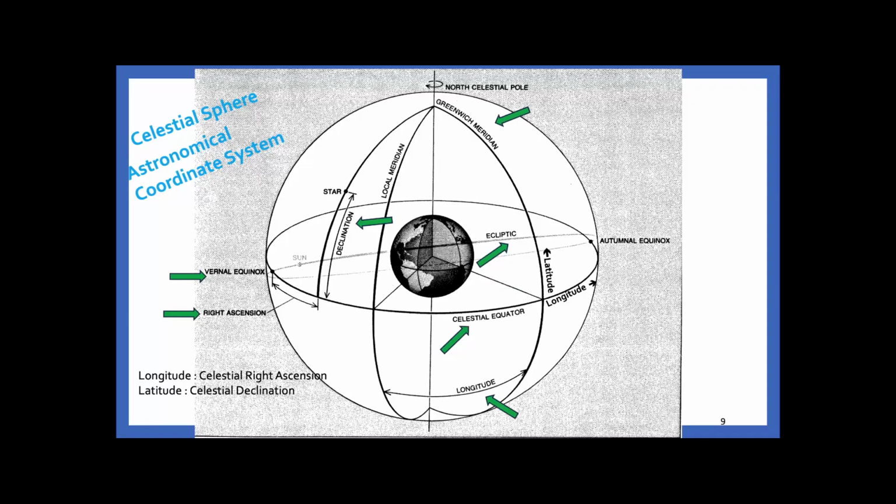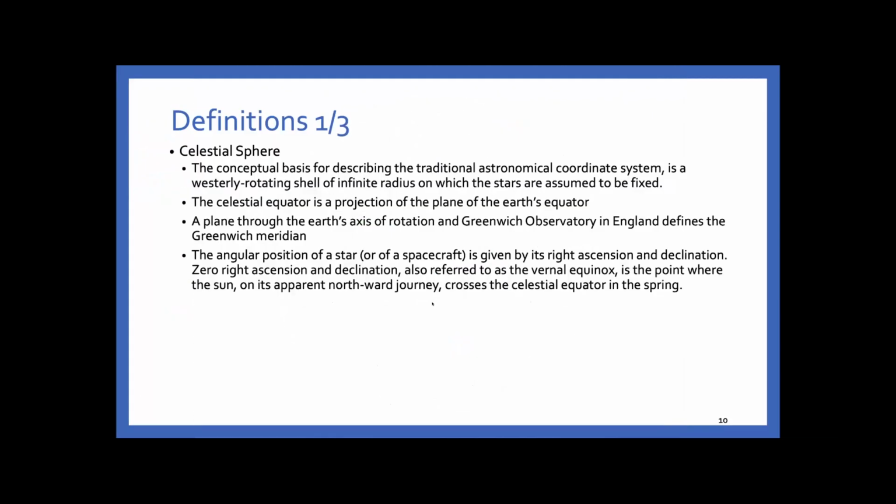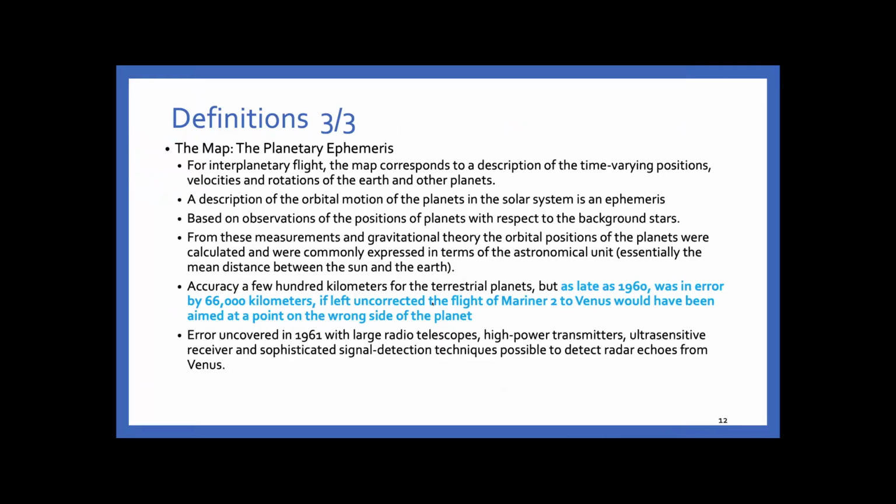So with that, one thing I might dwell on is the planetary ephemeris. This is a computer file of the time-varying positions and velocities of the Earth and the other planets.